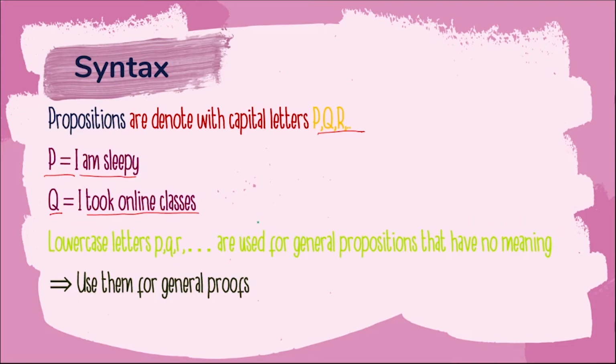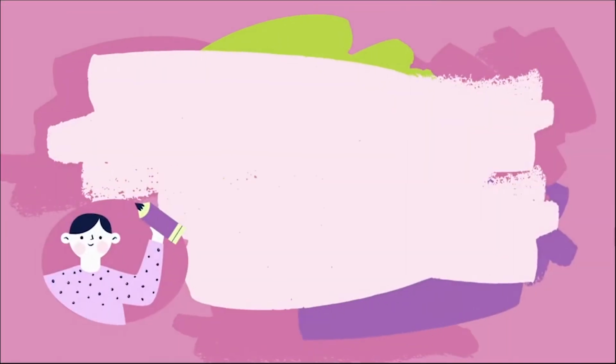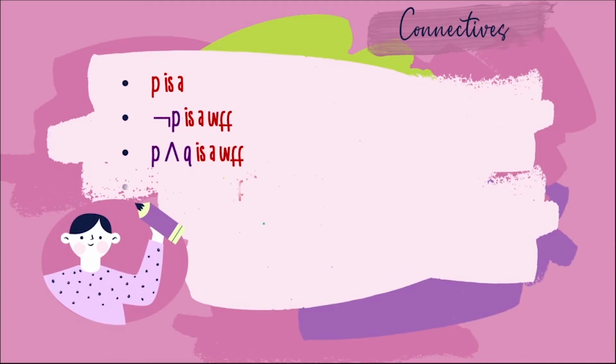The first thing that I want to say is that a statement or proposition on its own is a well-formed formula, also known as a WFF or a wff, which means that it is okay in our syntax.